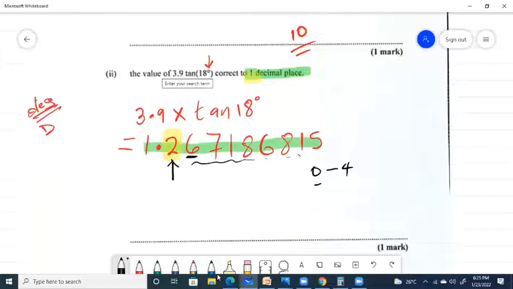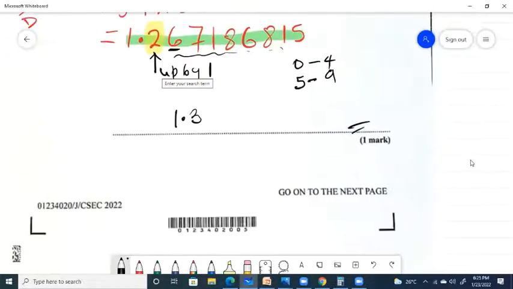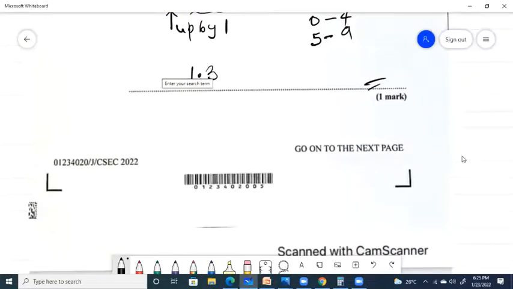However, if the number right behind it is between 5 to 9, that means a 5, a 6, a 7, an 8, or a 9, the spot goes up by 1. In this case, we'll get 1.3. Exactly. Thank you very much for that confirmation. All right, so you're expected to do that to collect 2 marks. And you have your 2 marks and you're gone already.